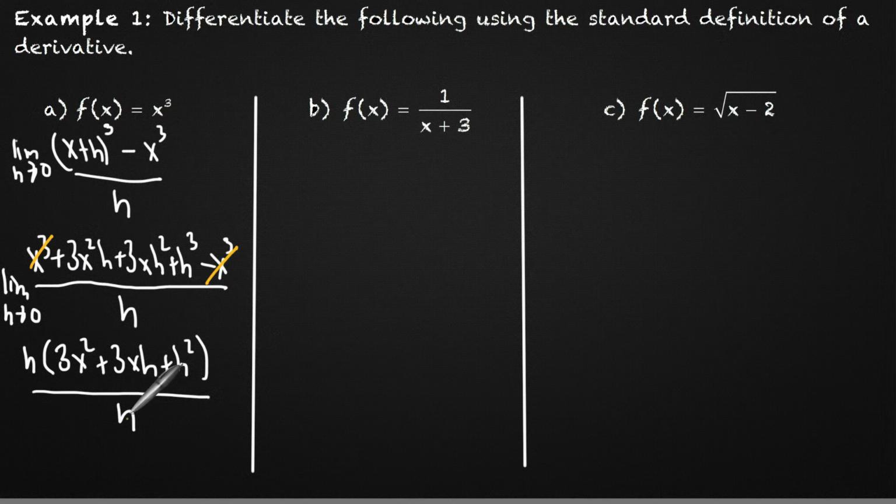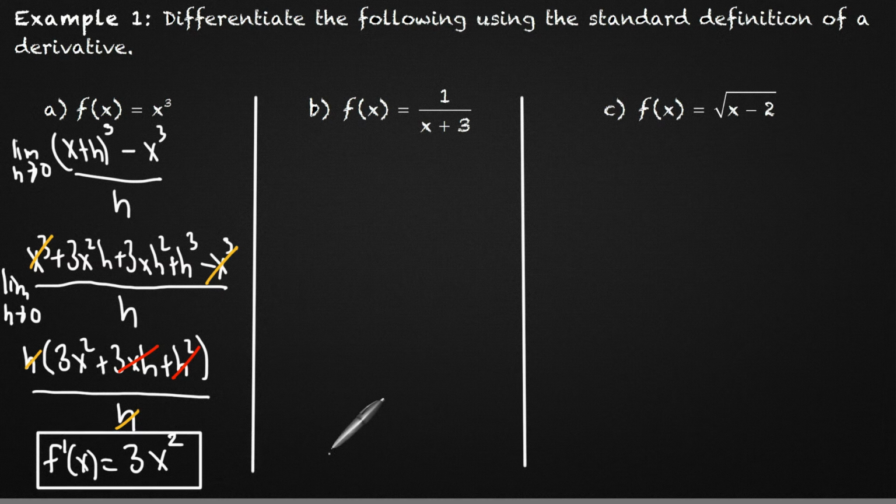Then we cancel the h's out, and we plug in 0 for our h. That's going to take that term away, and that term away. And we are left with f prime of x, our derivative or our slope of the function at any point x, 3x squared.